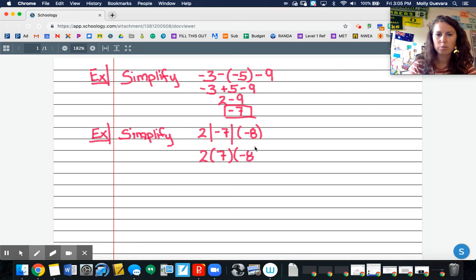So I'm just multiplying all these numbers. Okay, now I'm going to go left to right. 2 times 7 is 14. So I have 14 times negative 8. Positive times negative is negative. And 14 times negative 8 is negative 112. And that's it. And we box our answer.